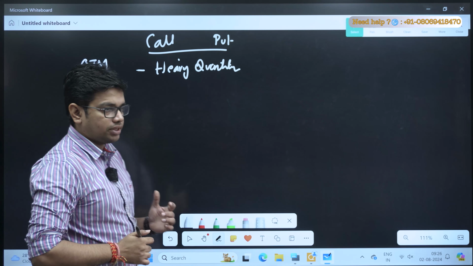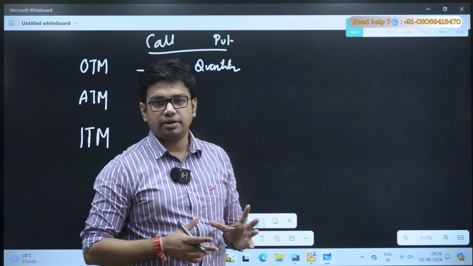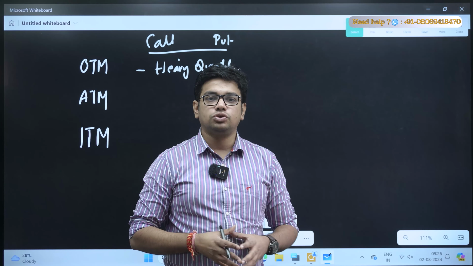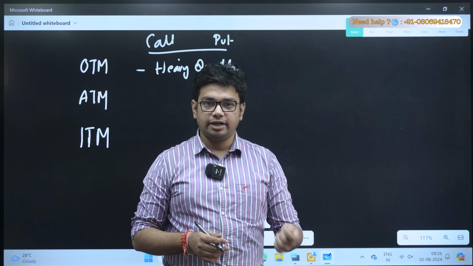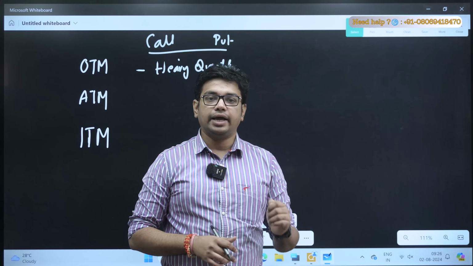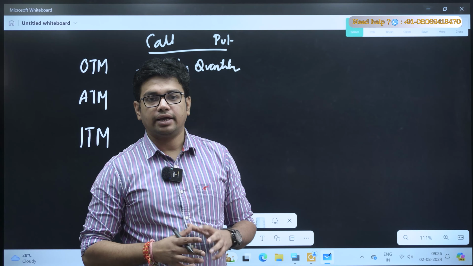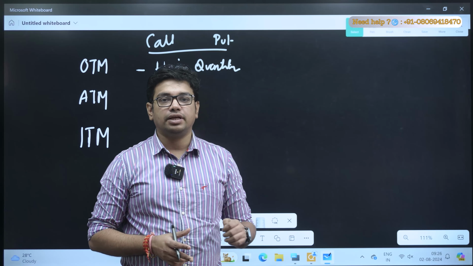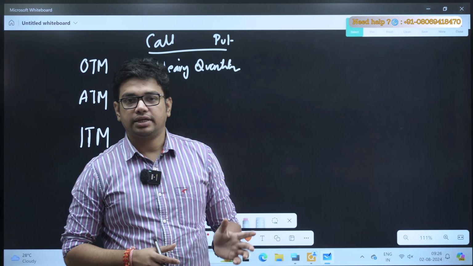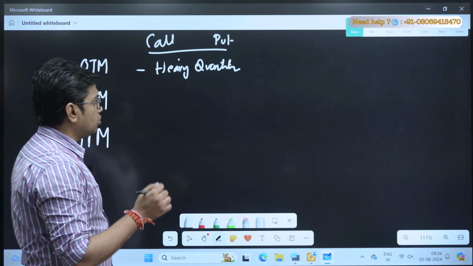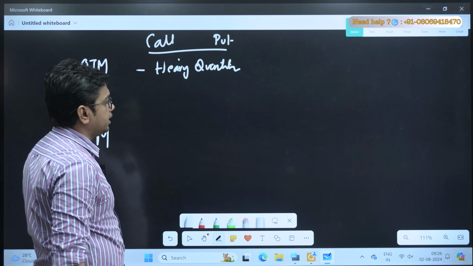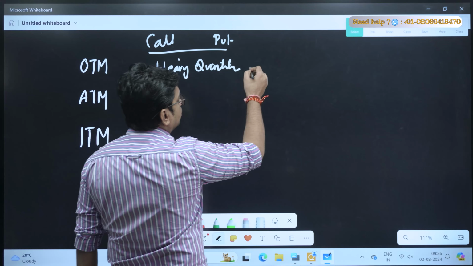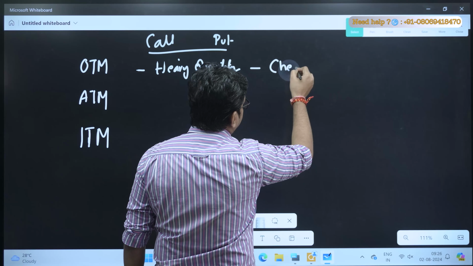What they think is that this is cheaper. If I buy a huge quantity and there is a slight movement in the OTM option, I can book the profit. Then again, if there is any chance, I will take the trade at the OTM level. So most of the traders buy heavy quantity at the OTM strike because these are cheaper options.